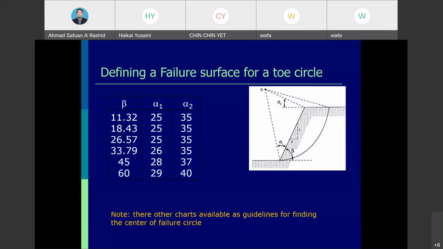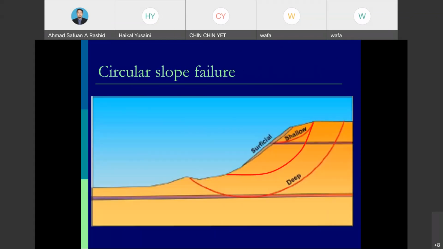Okay, so this is an example of the problem of circular slope failure. We need to determine, for example in this case, where the point of origin is, to begin with. For example, this is the point of origin.